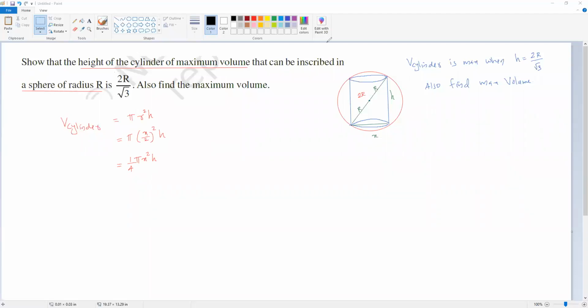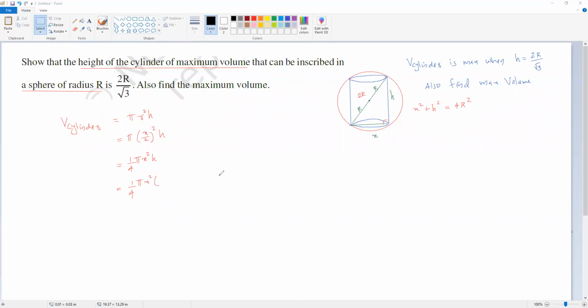But from this right triangle, you can see x square plus h square is equal to (2r) square, that is 4r square. So from there आपको मिलेगा x square.